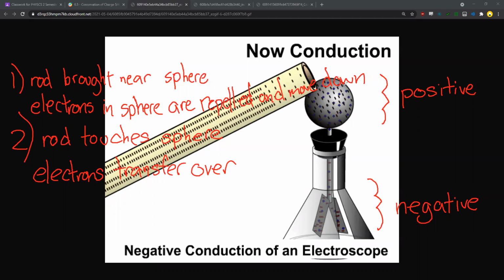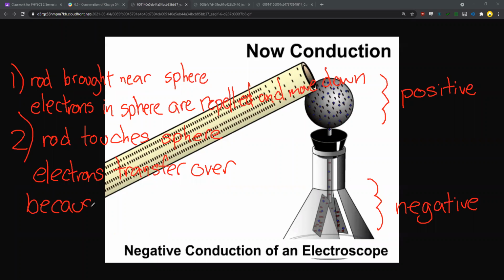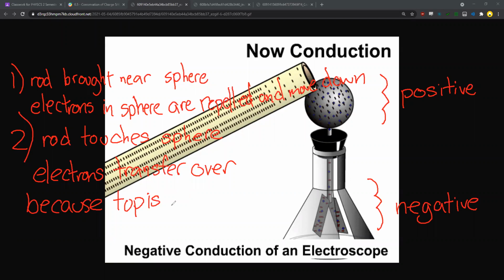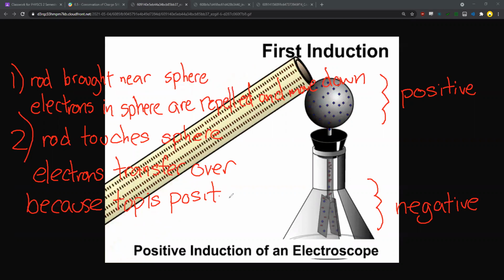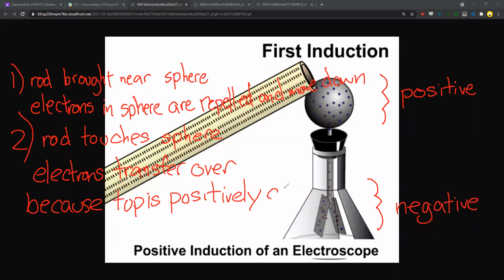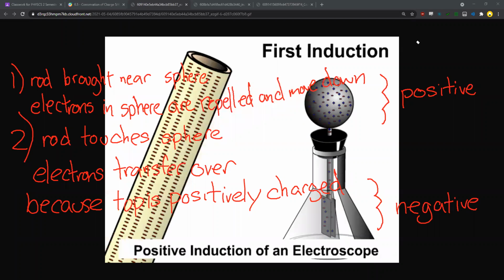This positively charged sphere will attract electrons, because the top part is positively charged, right? There is an absence of electrons on the top.